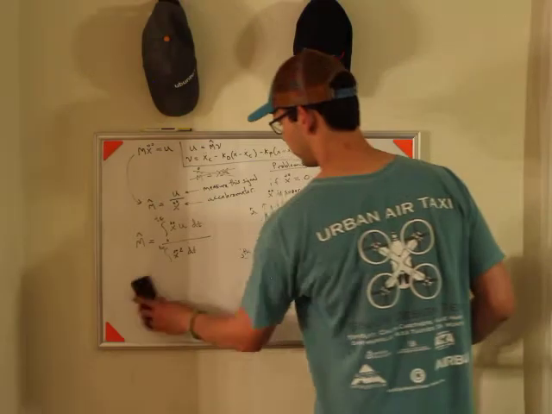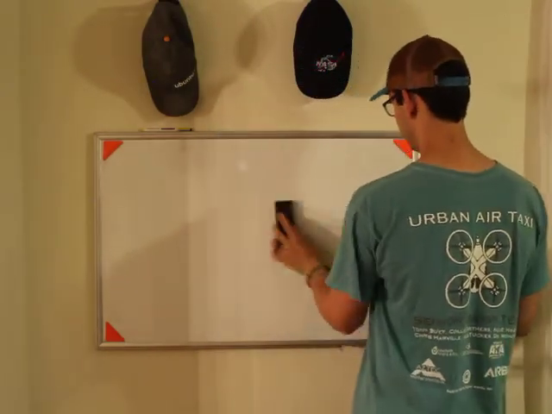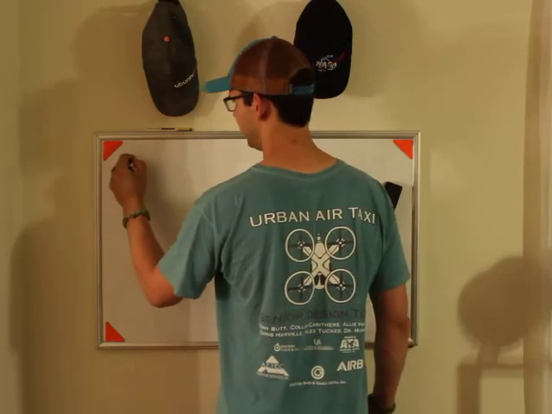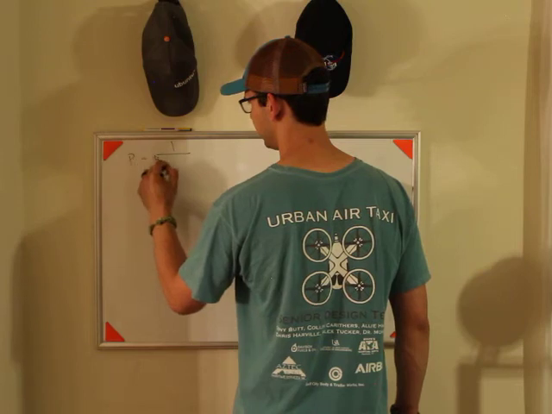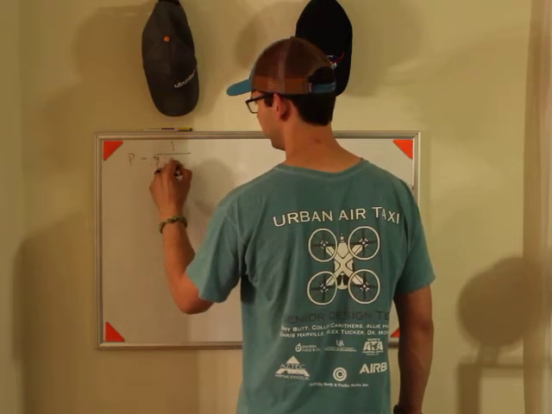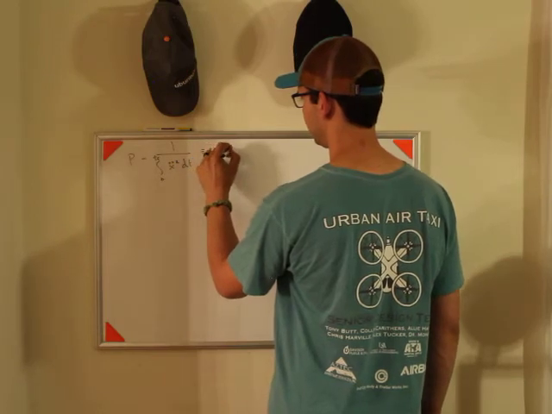Okay, so what the book does is it says, I'm going to let p equal 1 over the integral from 0 to t final of x double dot squared dt. And I'm going to call this my estimation gain.